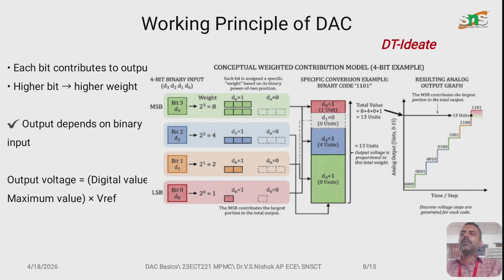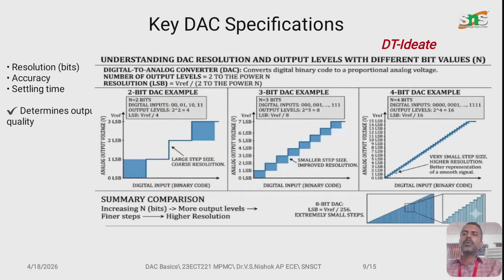The maximum value for 4-bit will be 2 power n minus 1, where n represents the 4 bits, so 2 power 4 is 16. 16 minus 1, the maximum value will be 15. With this calculation we will obtain the equivalent analog output for the given digital input value.